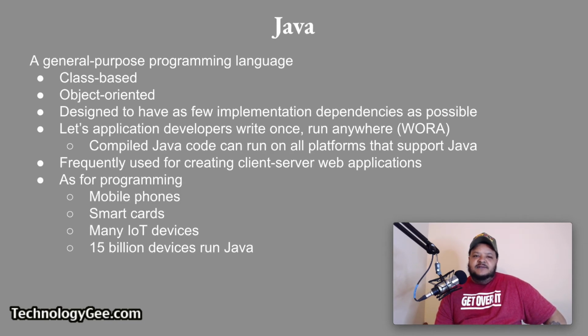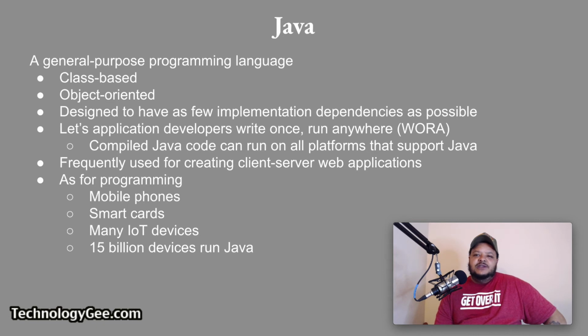Next, we have Java. Java is a general-purpose programming language that is class-based, object-oriented, and designed to have as few implementation dependencies as possible. It is intended to let application developers write once, run anywhere, also known as WORA, meaning that compiled Java code can run on all platforms that support Java without the need for recompilation.